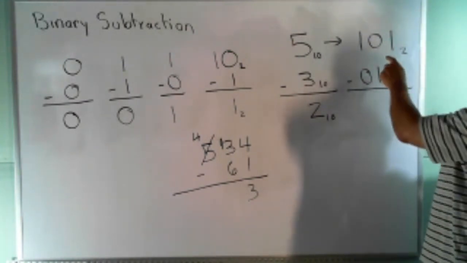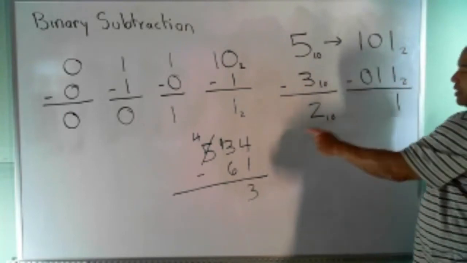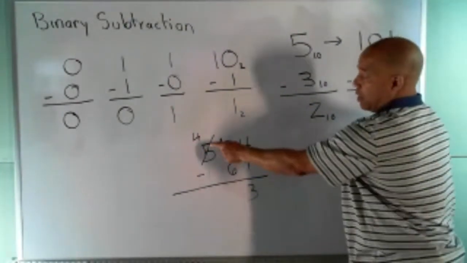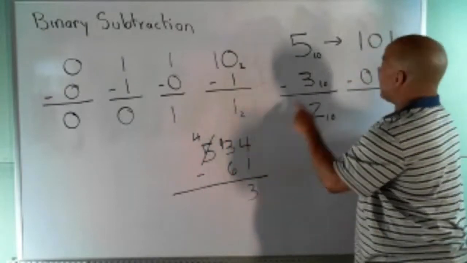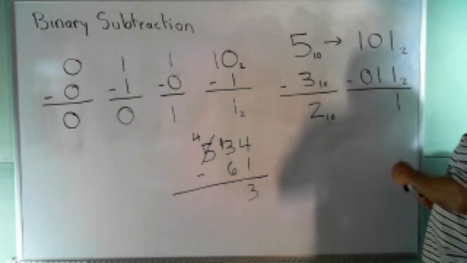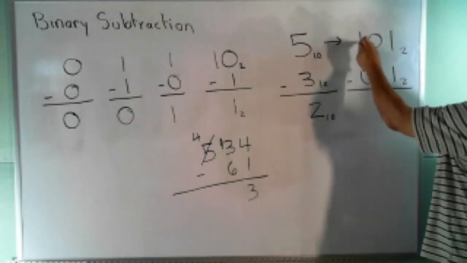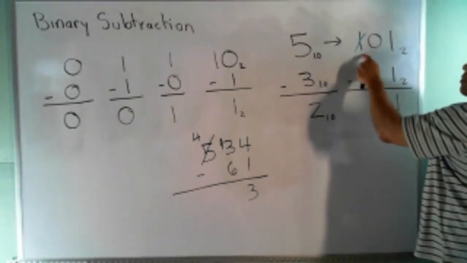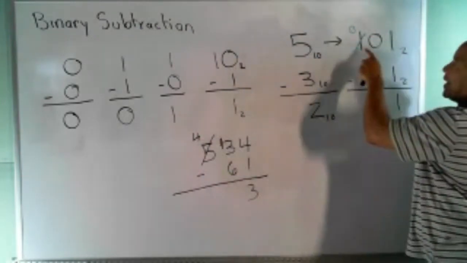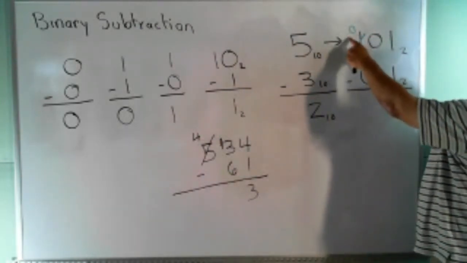But when I say 0 take away 1, that's like I had 3 take away 6. You can't do that. I had to come over here and borrow 1, but that 1 made this a 13. I do exactly the same thing here. I say 0 take away 1. I can't do that. So I'm going to come over here. I'm going to borrow 1 from here. So I got to knock it down by 1. I knock this down to a 4. I got to knock that down to a 0. It can only go to a 0.